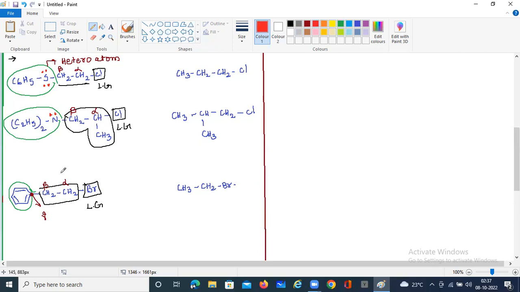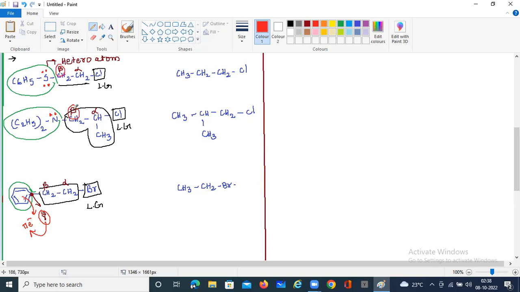Here there are sigma electrons, that is a single bond, isn't it? That means, sorry, yeah, this is the single bond, but what about this one, a double bond. That means pi electrons are there, isn't it na. Here the pi electrons are present on which carbon? Gamma carbon, okay na. But the hetero atom is present on which carbon? Beta carbon.